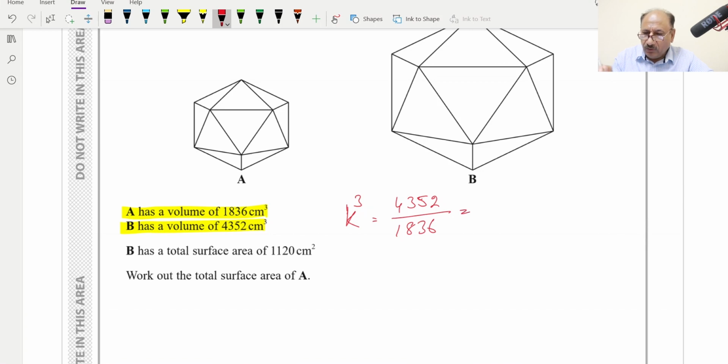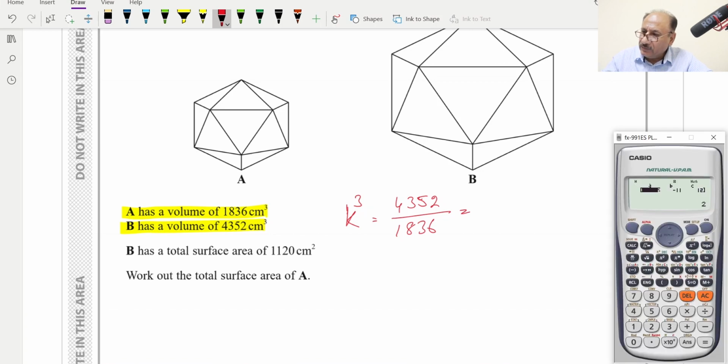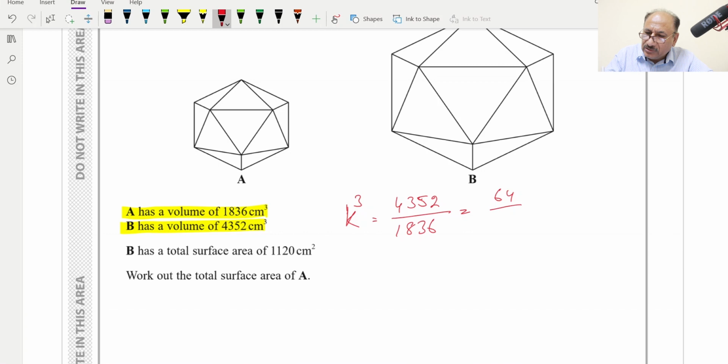So this will be volume ratio. We can calculate this. So fraction is 4352 over 1836, which will be equal to 64 over 27.